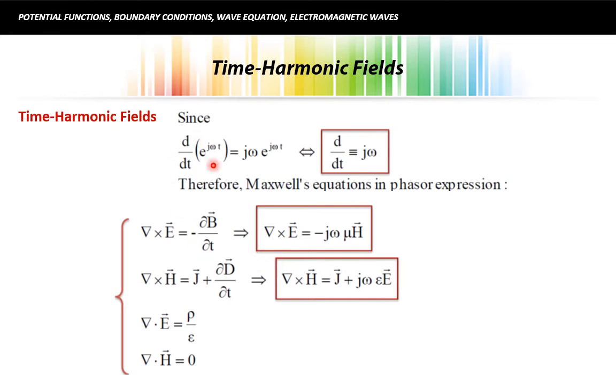The derivative of e to the j omega t is j omega times e to the j omega t, or we can represent del over del t with j omega. Using similar approaches, the Maxwell's equations in phasor expression can be written in the following form.